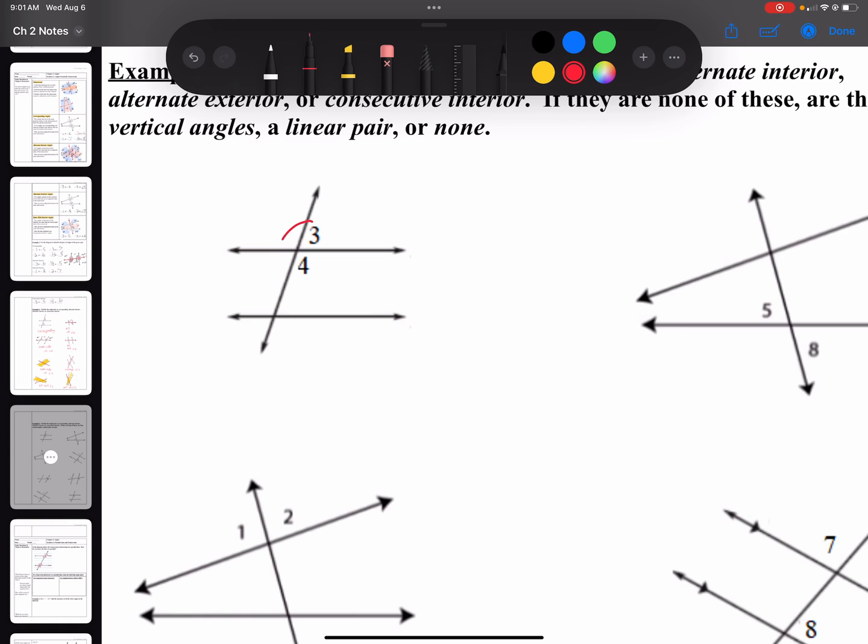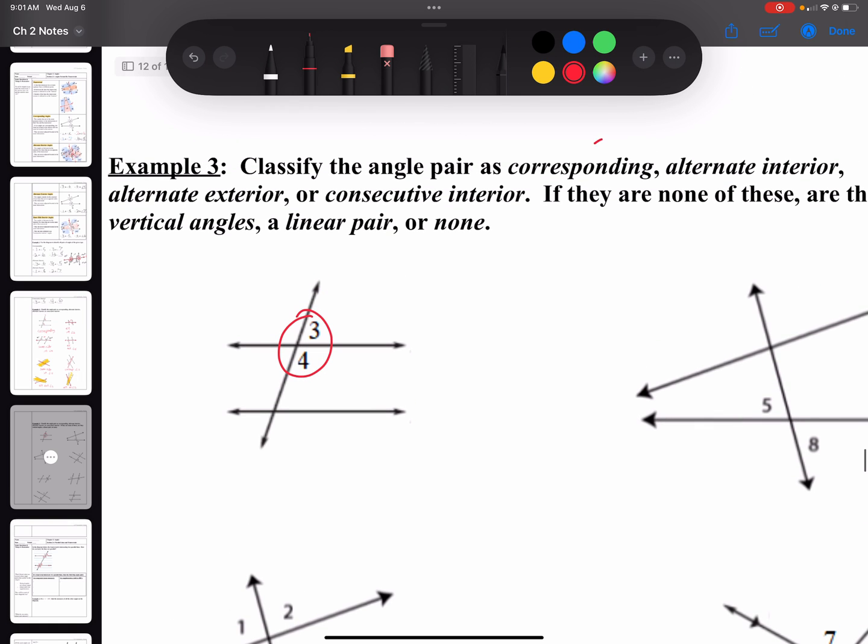They're both located at the same intersection, which means they can't be corresponding, alternate, or consecutive, or same side interior, because those are located at different intersections. Well, 3 and 4 are next to each other, forming a straight line. That is a linear pair.